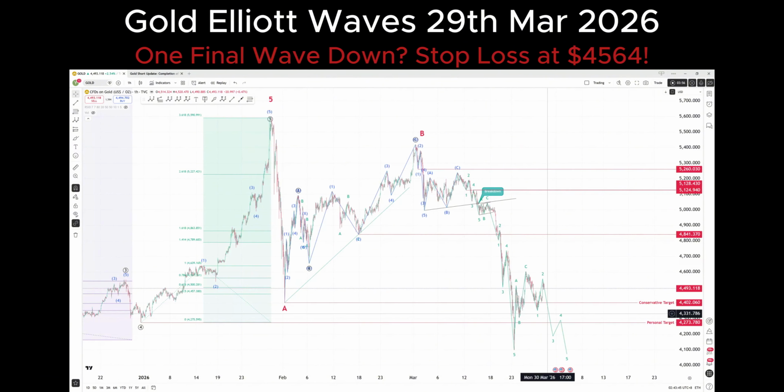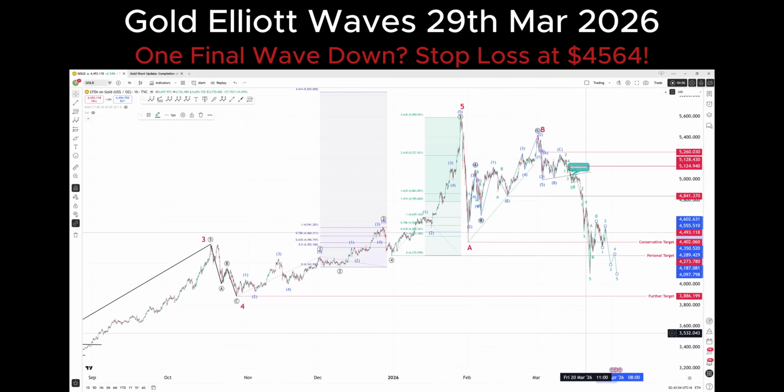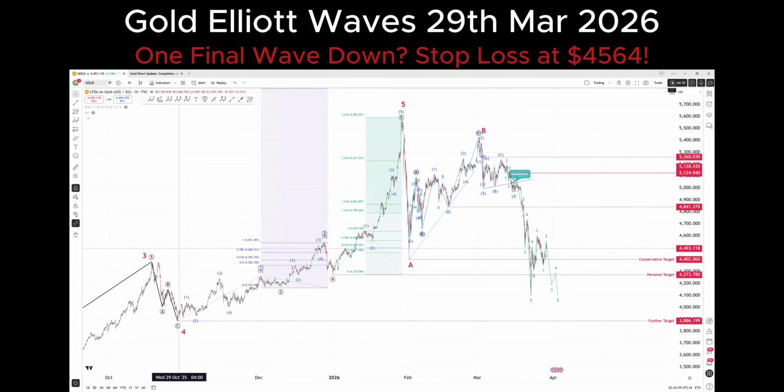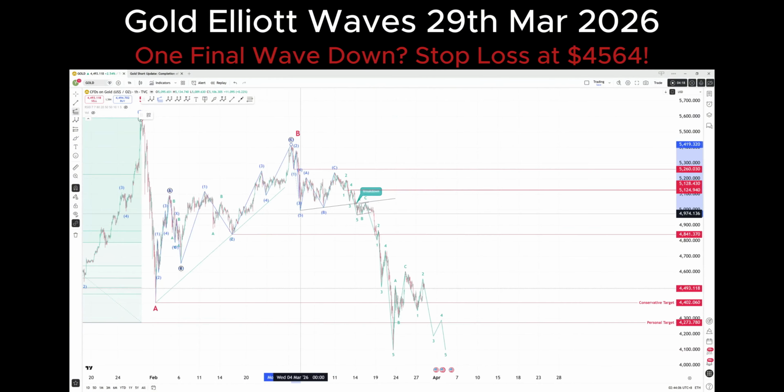I think that it may not reach too far, and the reason is because this move is very strong. In terms of whether this could be 1:1, that means wave one equals wave five. Sorry, wave one equals wave five should be using this over here. So I believe it will be a truncation.